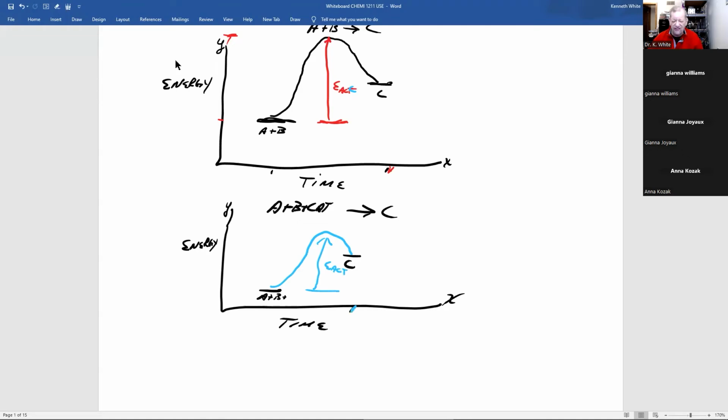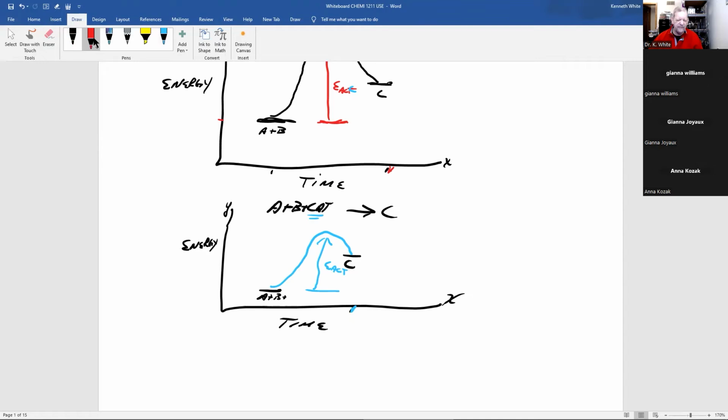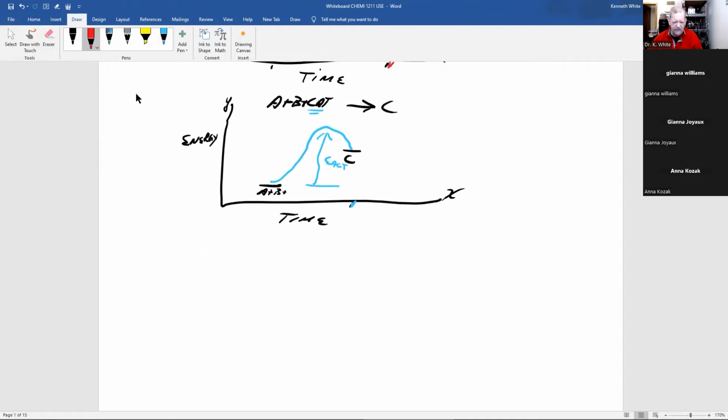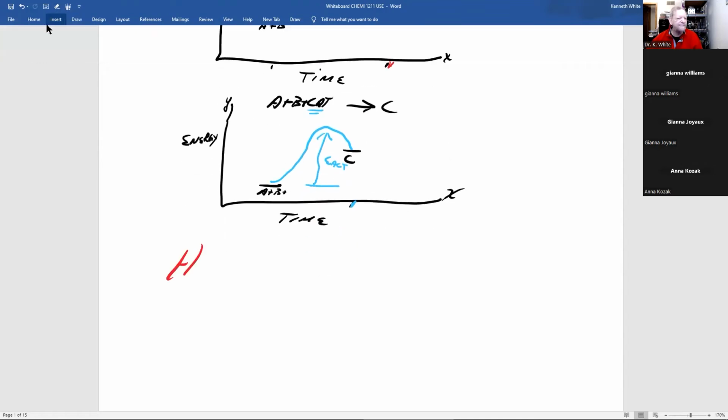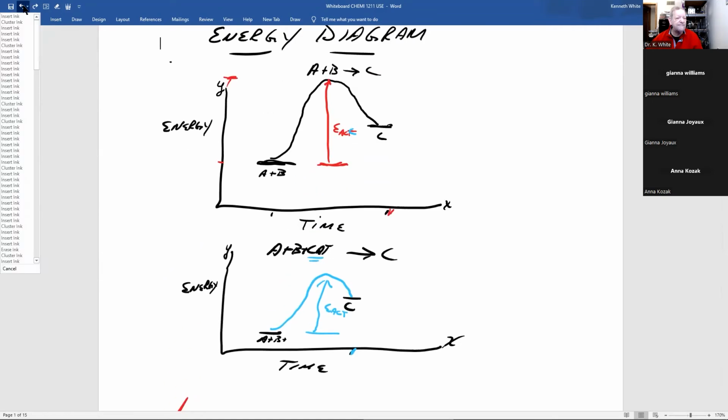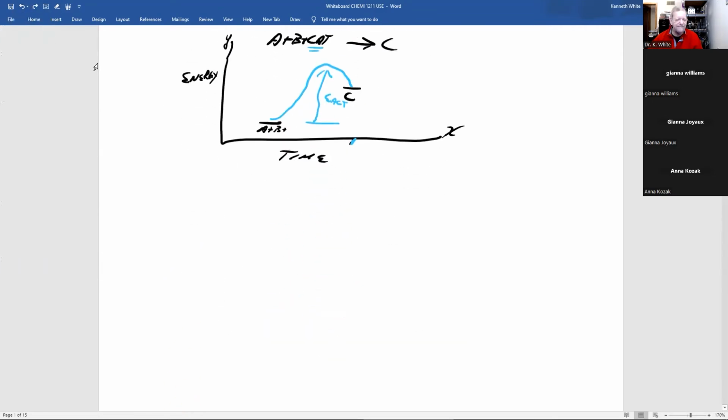This goes faster. Why? Because you have a catalyst present. And the catalyst lowers the activation energy. And you should know, get the right color ink here.